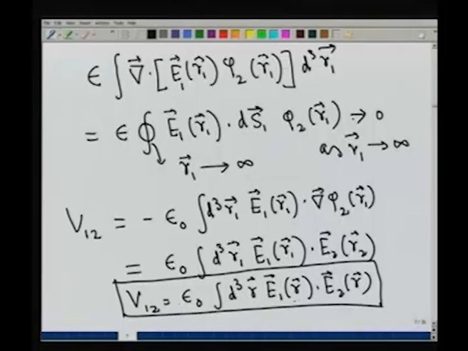So we can write the potential energy entirely in terms of the charge densities, or you can write the potential energy in terms of the charge density multiplied by the potential. There are two options there, and the third option is to write the potential energy entirely in terms of the fields. All these expressions in electrostatics are equivalent to each other.